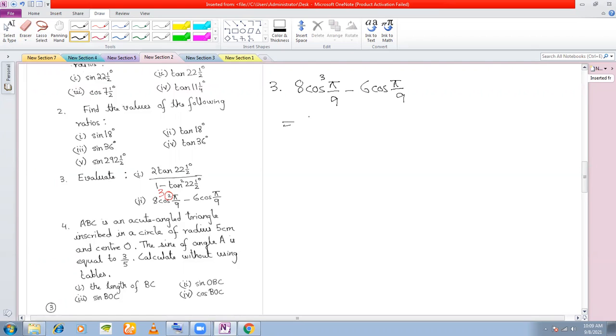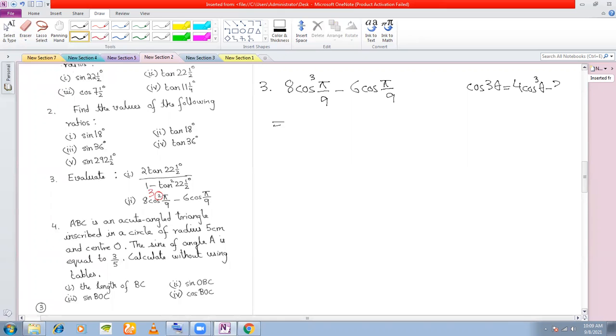Because you know that cos 3 theta, let's recall this, is equal to 4 cos cube theta minus 3 cos theta. This is the triple angle formula for cos, right? So now from these two, if I take 2 out, what am I left with? 4 cos cube pi by 9 minus 3 cos pi by 9.